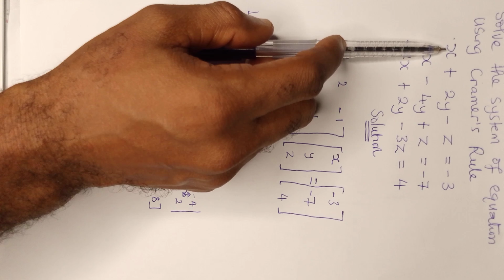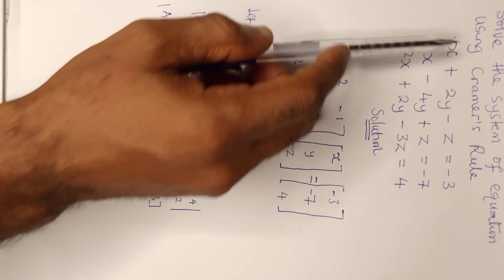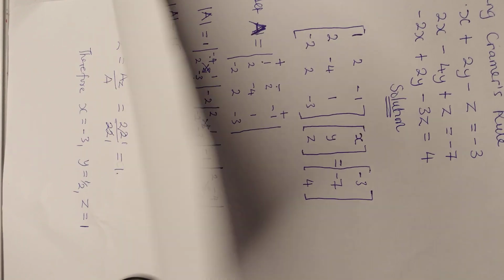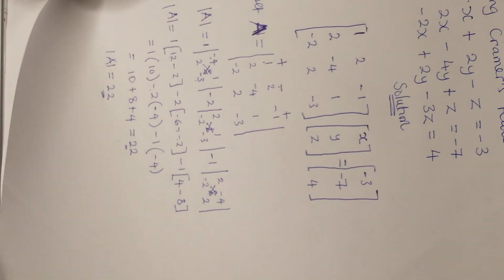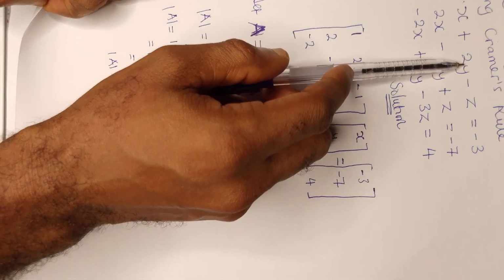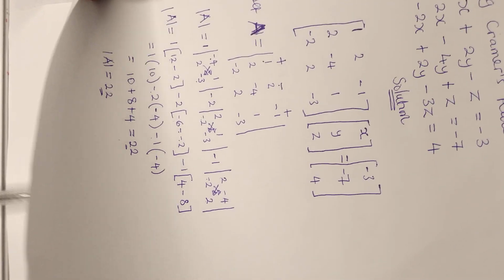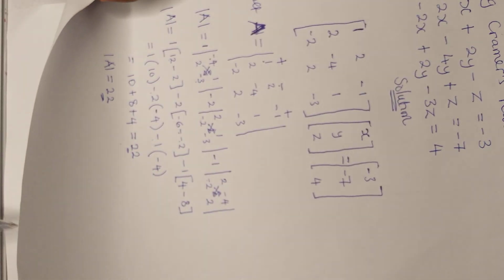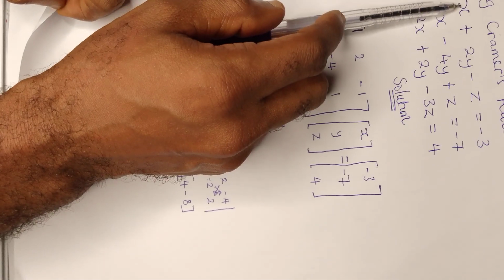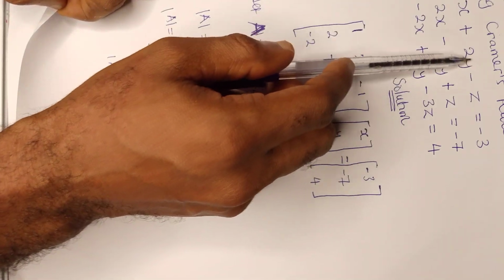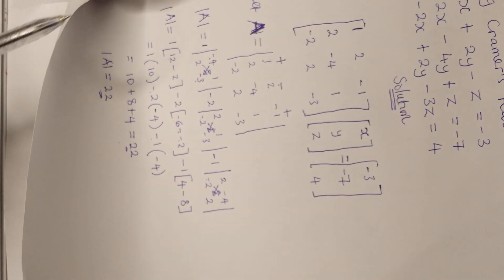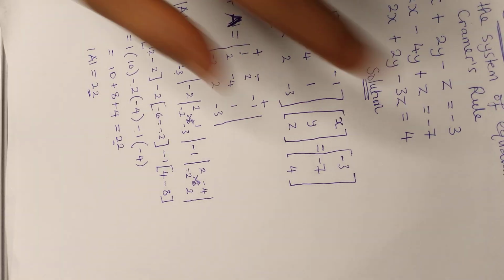if you put x here, what is the value of x? The value of x is -3, yeah. If you put -3 here, and then the value of y here is what? 1/2, and then the value of z here is 1. If you write -3 plus 2 into 1/2 minus 1 here, it is going to give you this answer, which is -3.